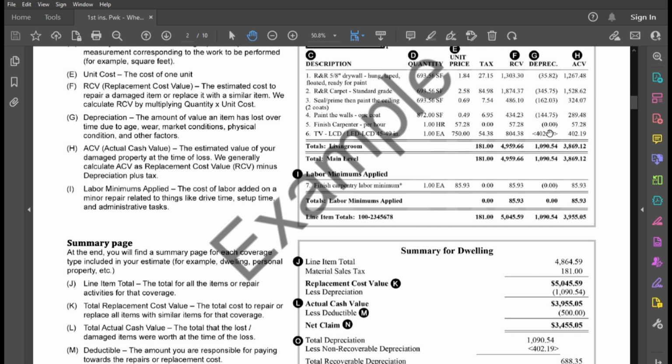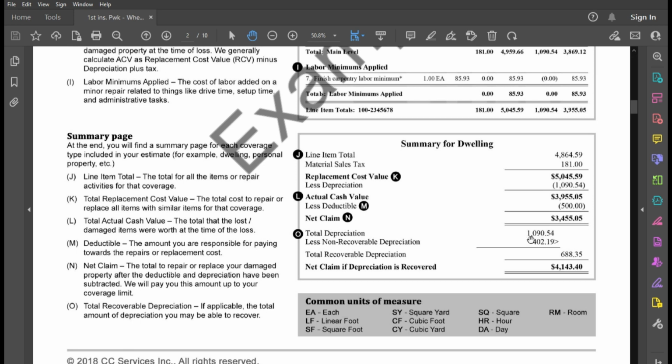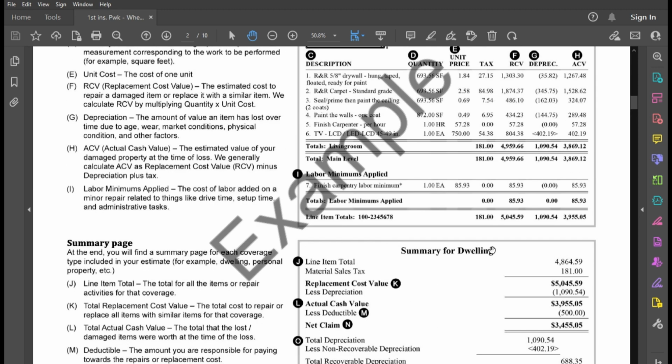They're saying that they're going to keep something like 62 or 63% of it. So they're holding on to some percentage. By keeping this, they're saying because of that fine print in your policy, that you now have to come up with the $402.19 to replace your 45 to 49 inch LCD LED TV.